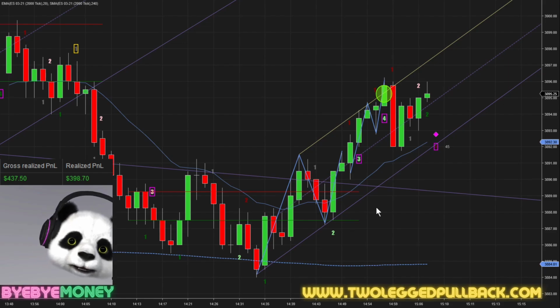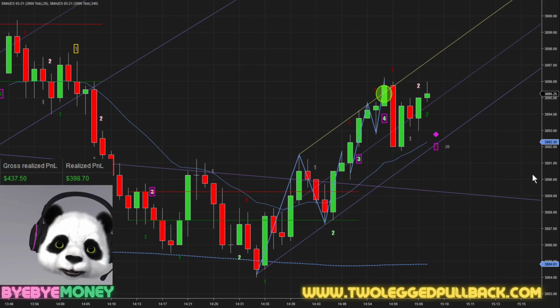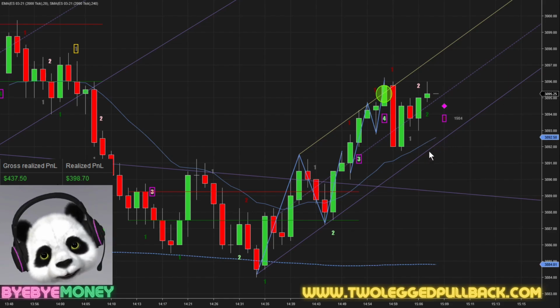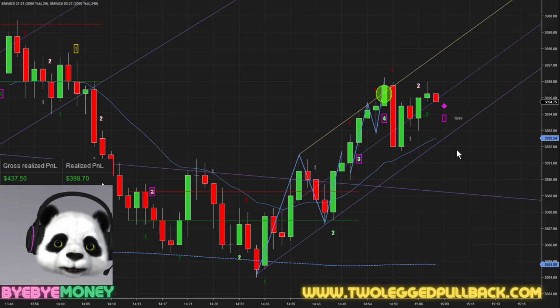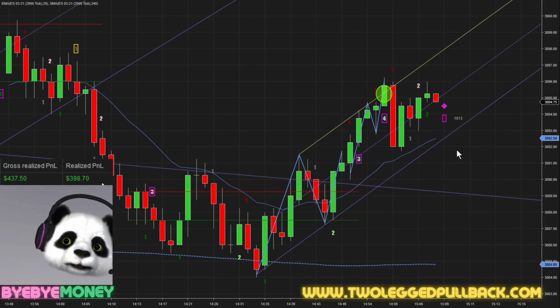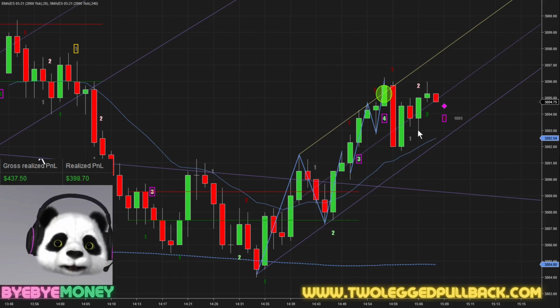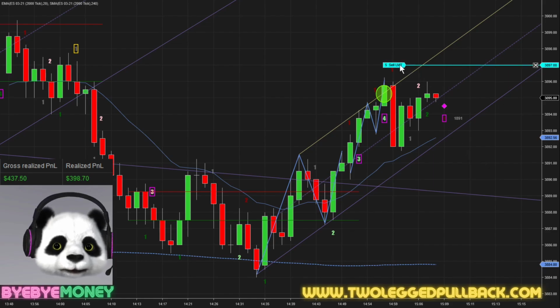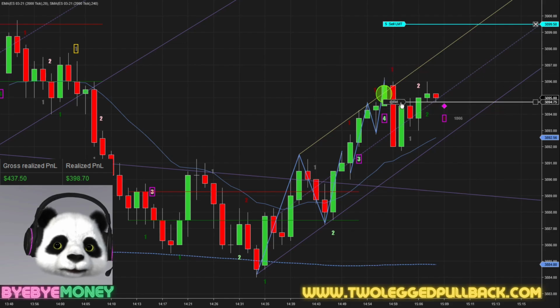I might be interested in the lower high here. Lower high, the uptrend. And I'll take this. Enough room to the 20 EMA. Just make sure I don't get caught.